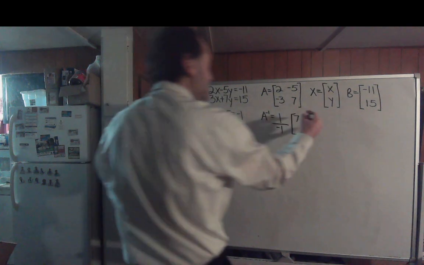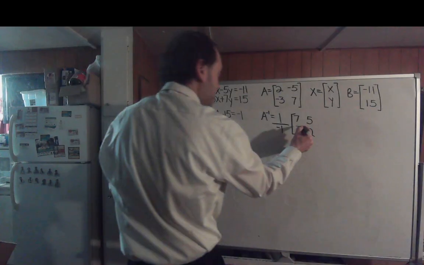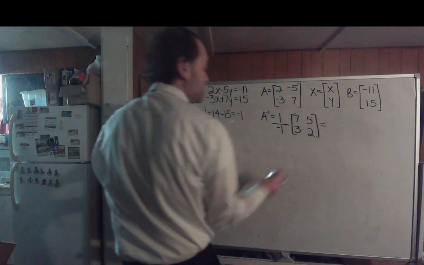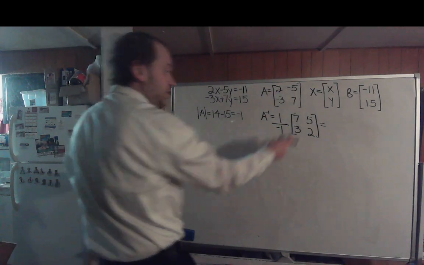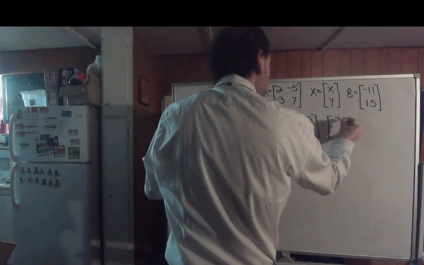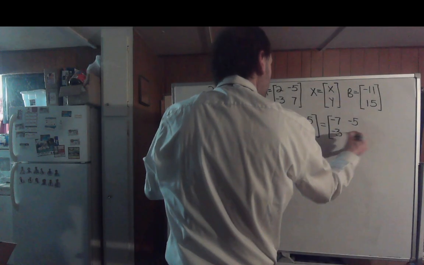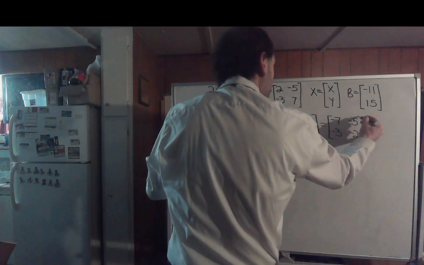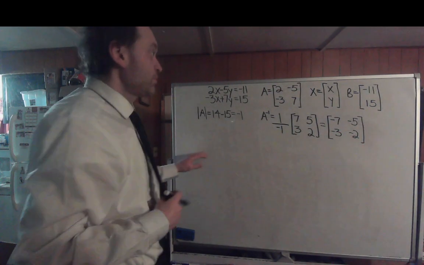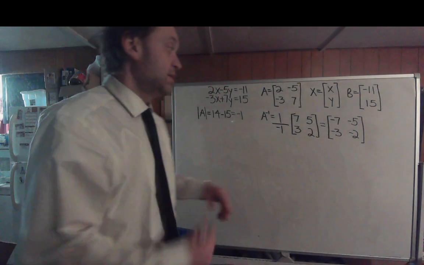So negative negative 5 turns into positive 5. Negative negative 3 turns into positive 3. So now just take your scale factor of negative 1, multiply it all the way through. You'll end up getting negative 7, negative 5, negative 3, negative 2 for your inverse matrix. So there is your inverse matrix of A.